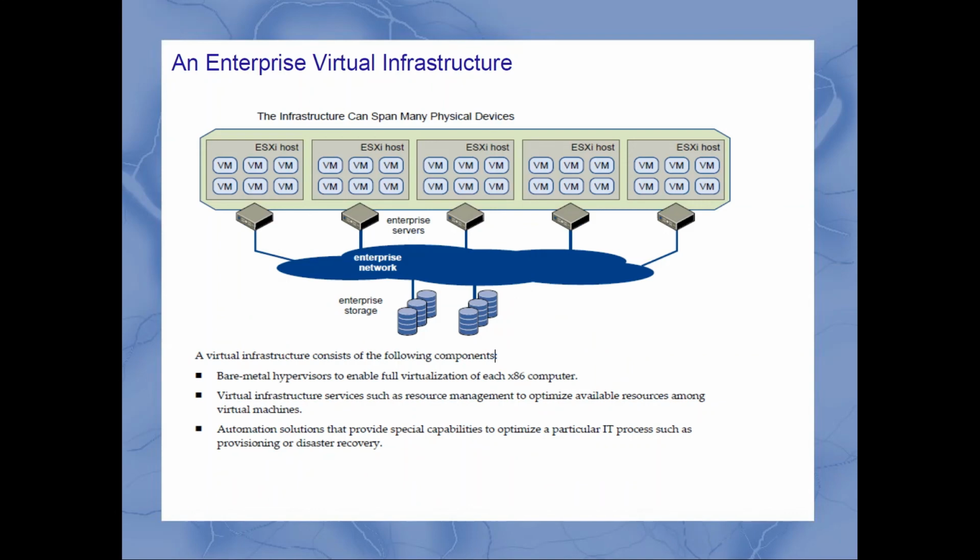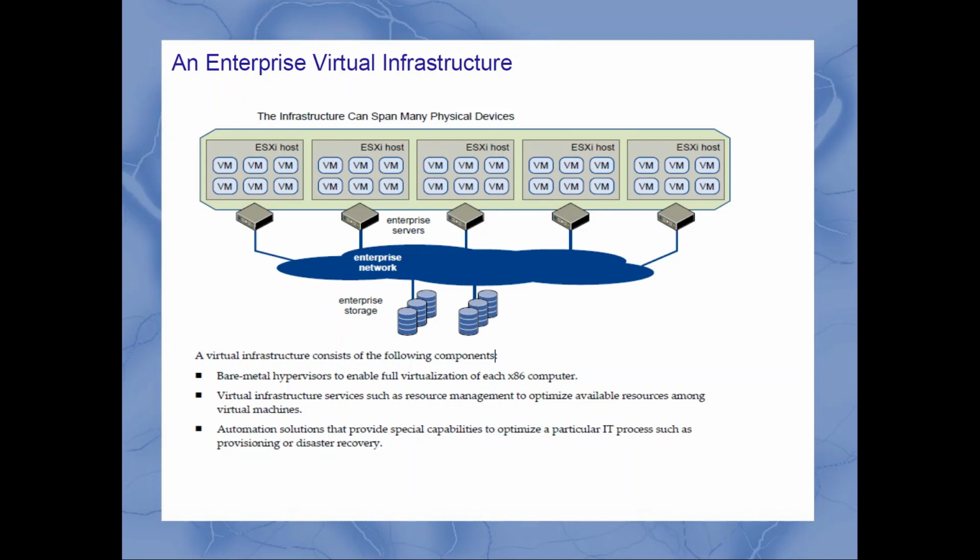Looking at another picture of a virtual infrastructure, we see on the top we have ESXi hosts with multiple VMs, and all of them are connected to the enterprise network, and by virtue of that they have access to network based storage, which could be iSCSI, NFS or NAS storage.